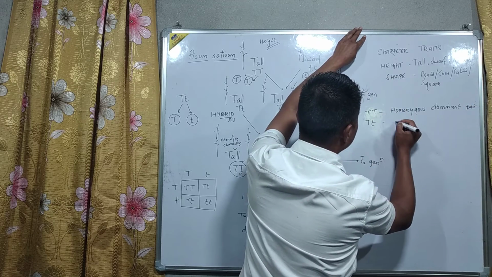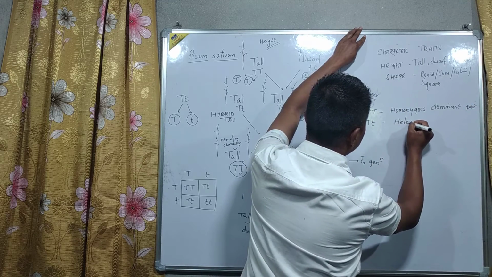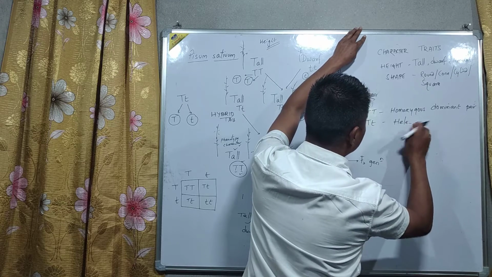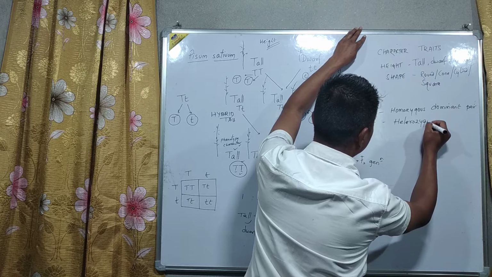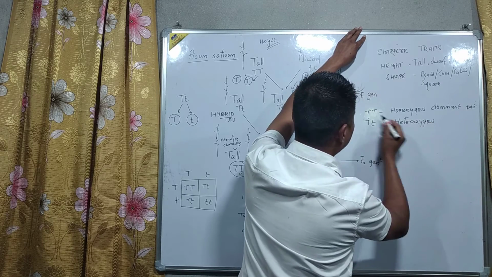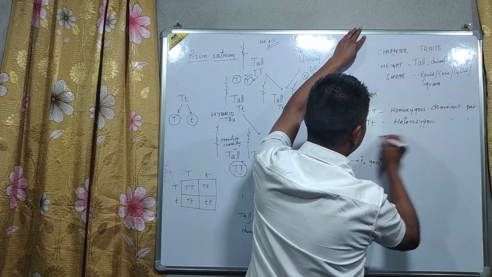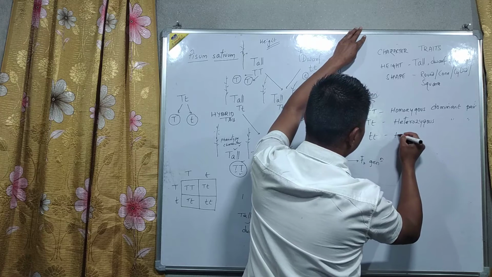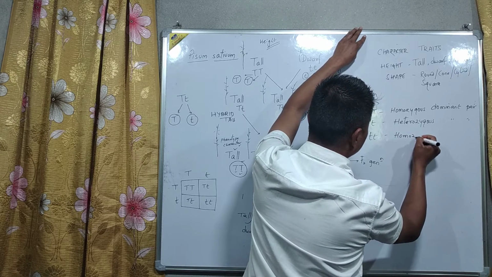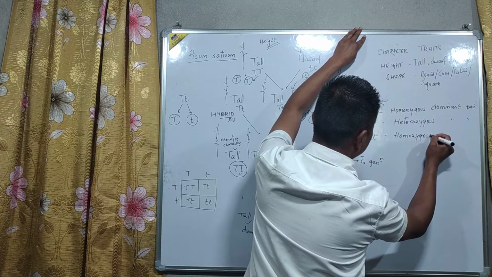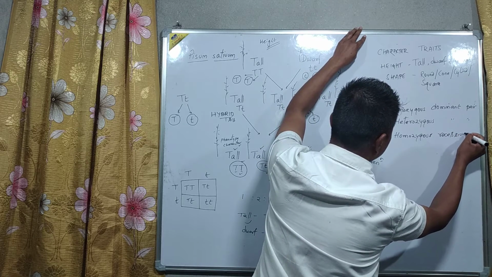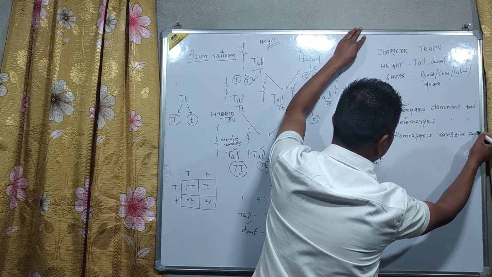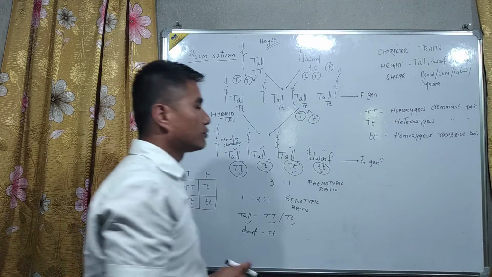Capital T and small t is known as heterozygous, but capital T is expressed, dominant pair. And small t and small t is known as homozygous recessive pair. Okay, the question might come from here.